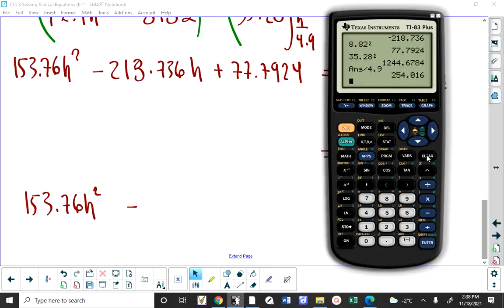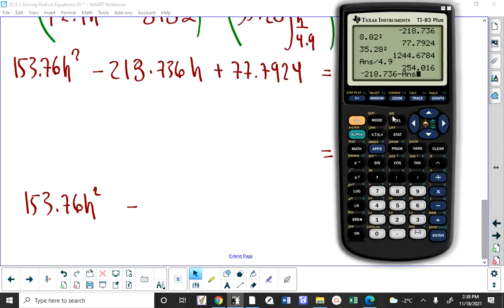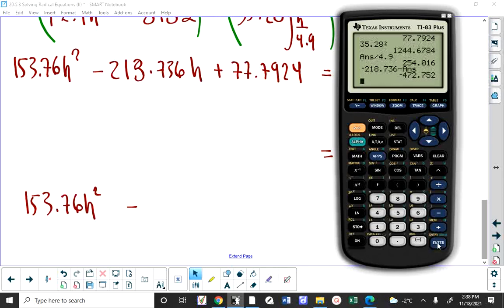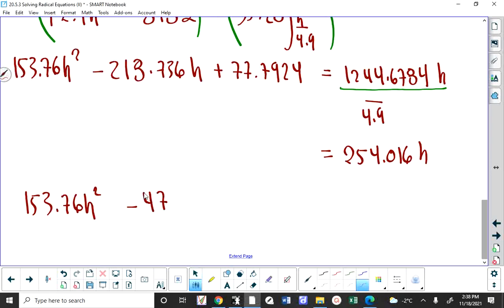So I'm going to have negative 218.76 h's, 736 h's, minus 254.016 h's, 472.452h, and then plus the 77.7924 equals 0.